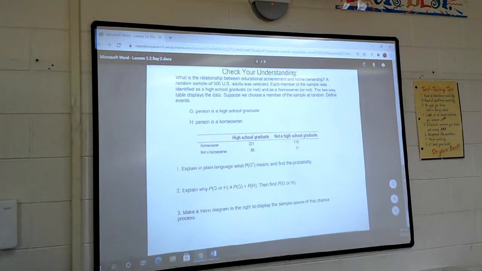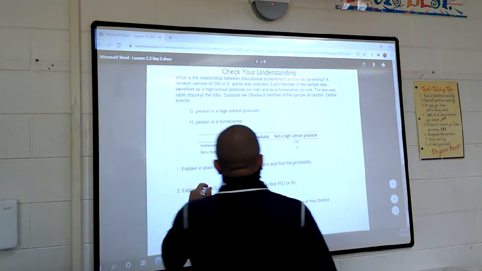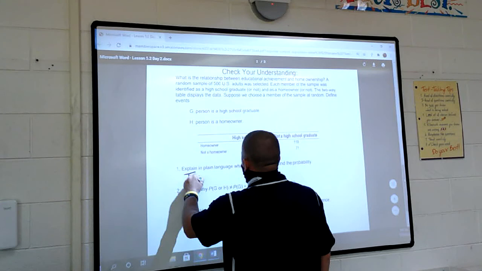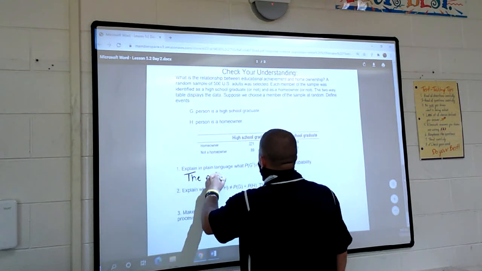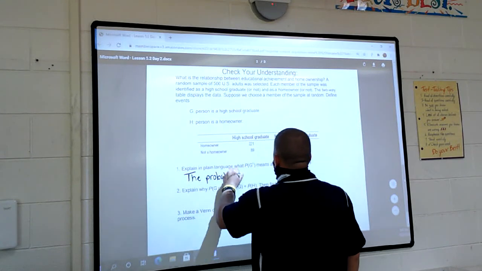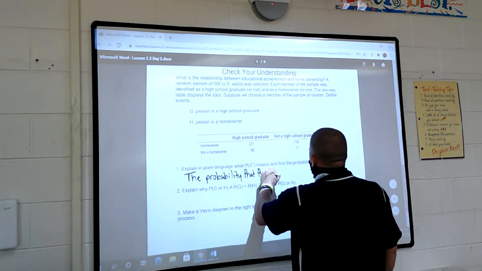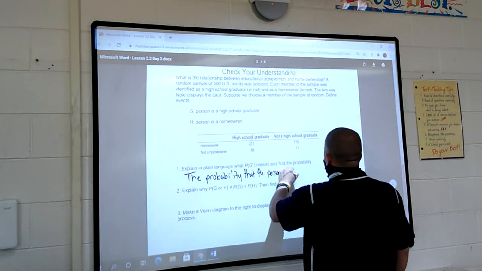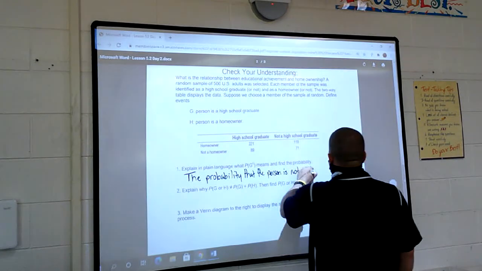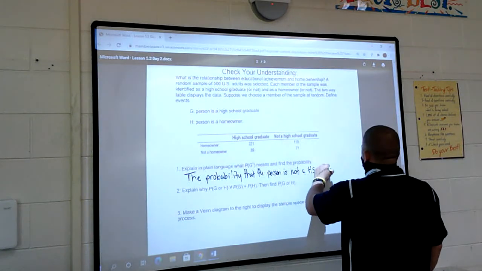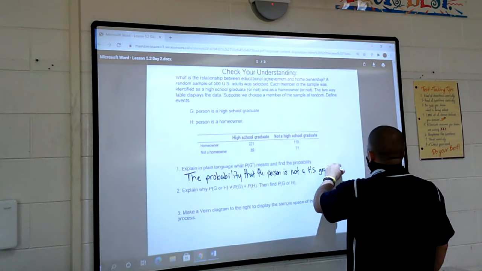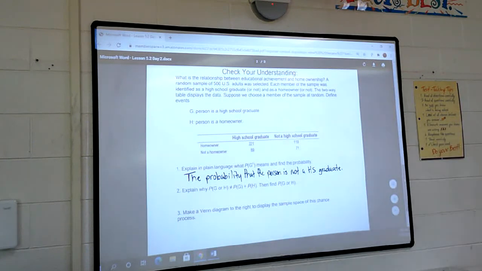So G complement means the probability that the person is what? Not a high school graduate. Right. The probability that the person is not a high school graduate. That's what that means. And then find that probability. So the probability that a person's not a high school graduate.